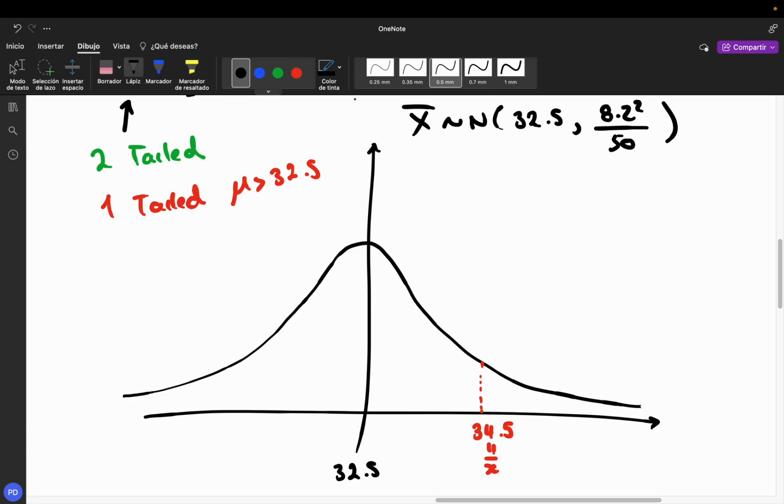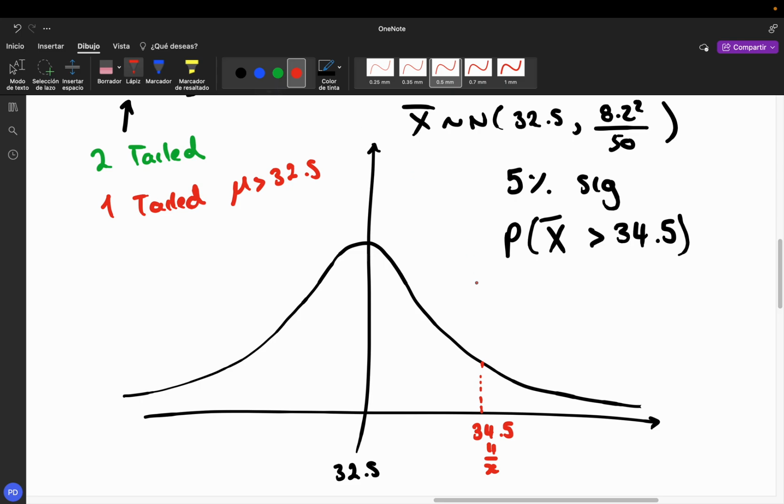Now, when we're testing, and I'll use the example 5%, this is our 5% significance level. What that is saying is, we're in a 1-tailed test, and I'm going to look at the probability that my sample mean is bigger than this 34.5. So that's this area.